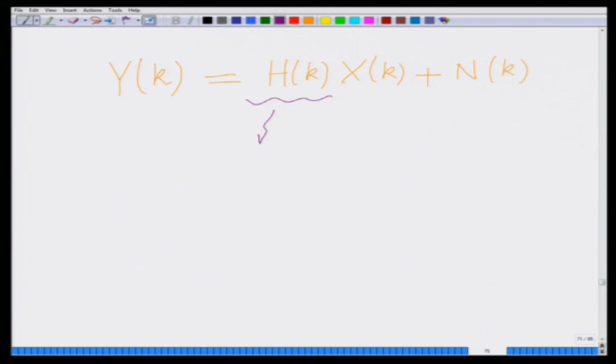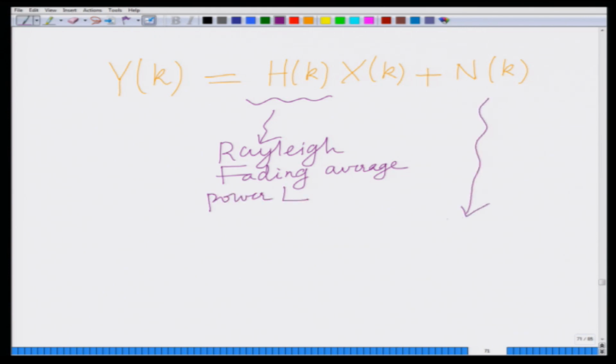This is Rayleigh fading with average power L, and this is Gaussian noise, with noise variance, expected magnitude W squared equals sigma n squared.